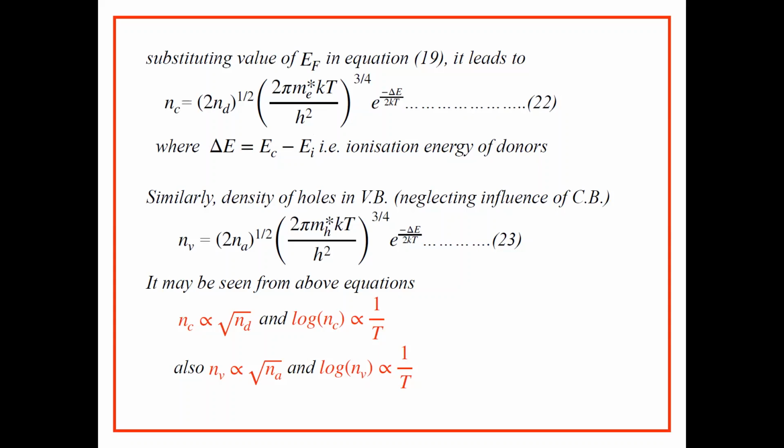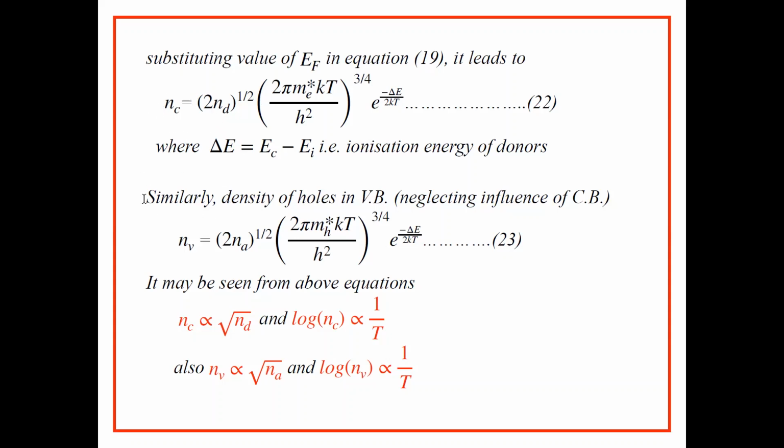Similarly, the density of holes in the valence band can also be determined by neglecting the influence of the conduction band. So in the simplest model, in determining the density of electrons in the conduction band, we have neglected the influence of the valence band.